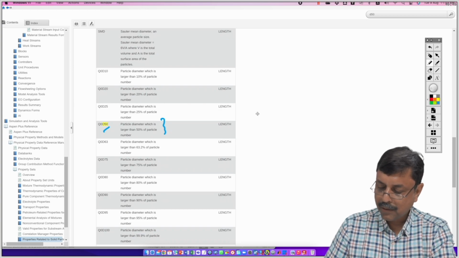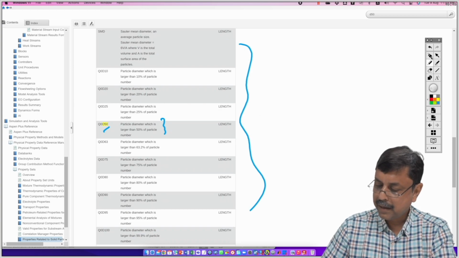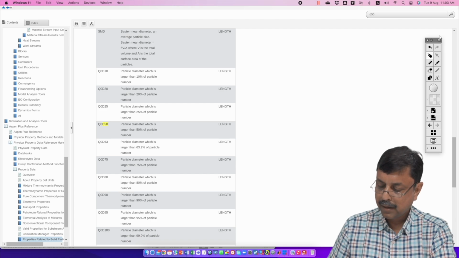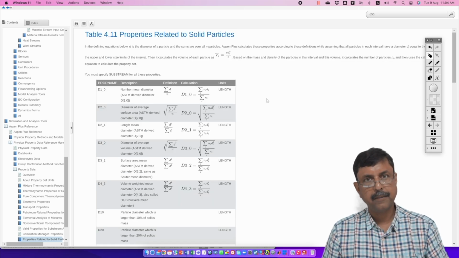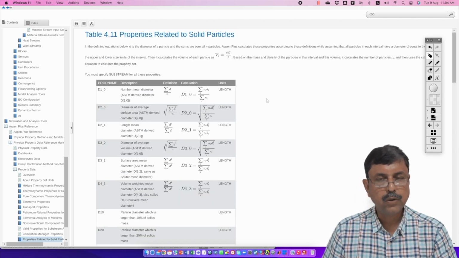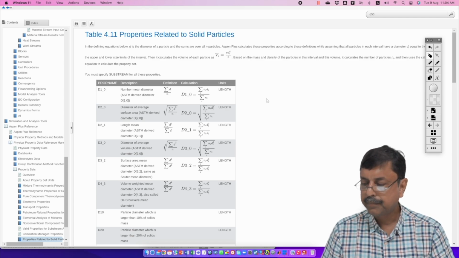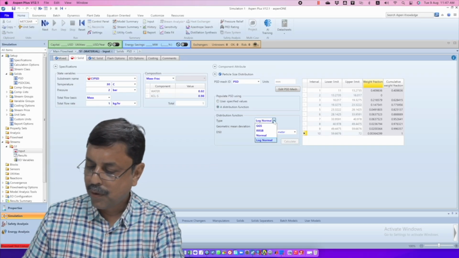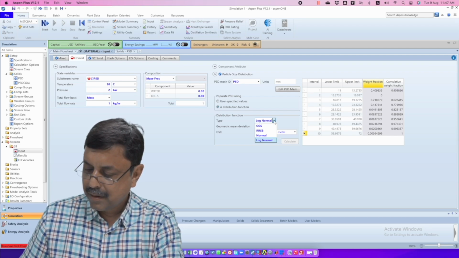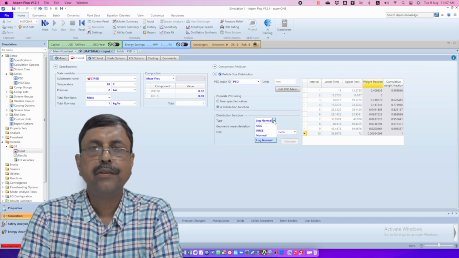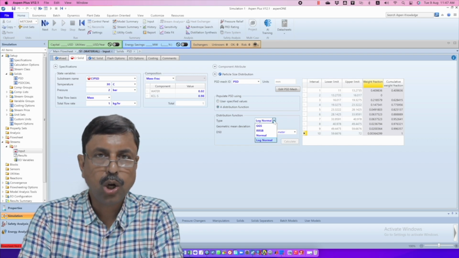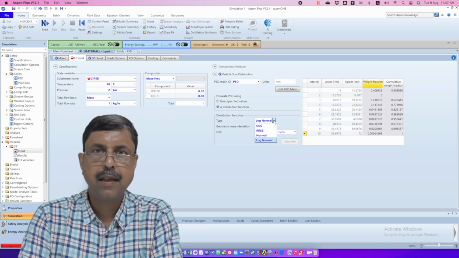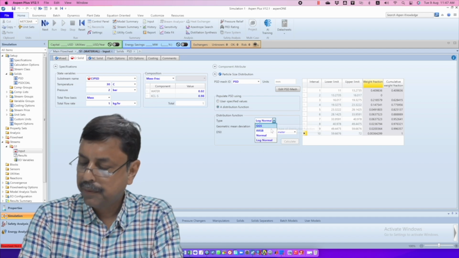That's how we define various notations, and these notations will come up in various solid handling equipment that you use. So we have so many distribution functions: GGS, RRSB, normal and log normal distribution functions are available for use.